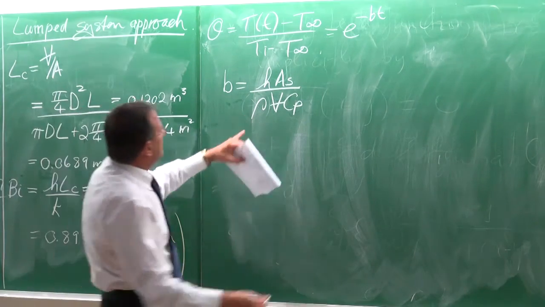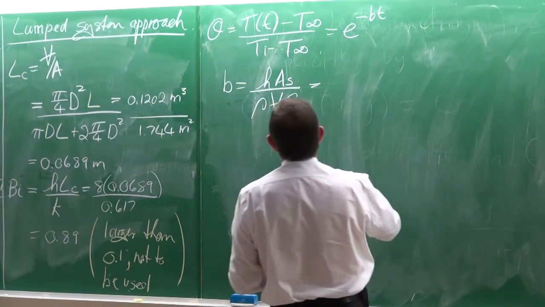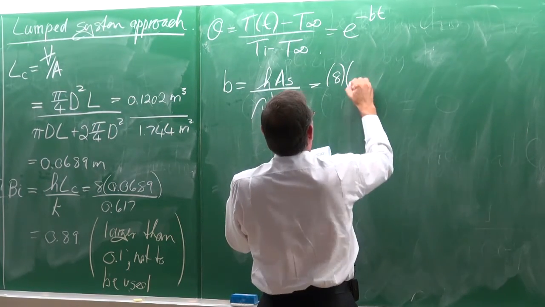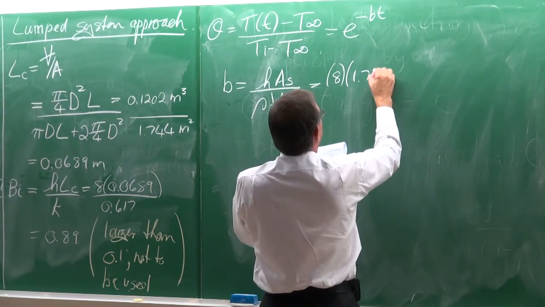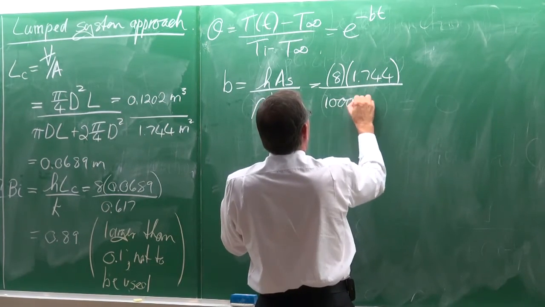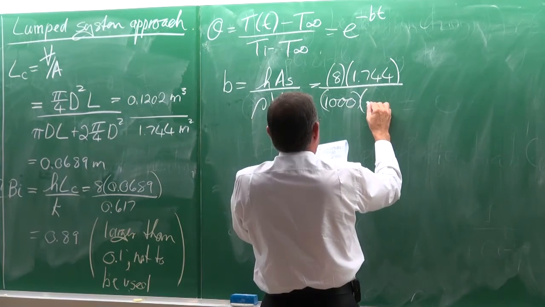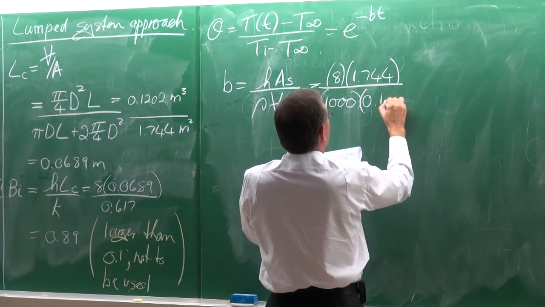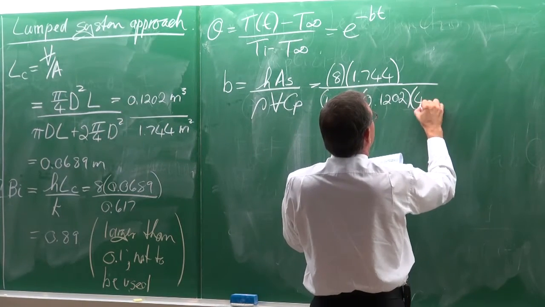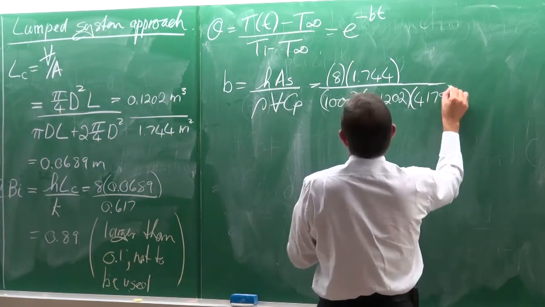So let's calculate b while we've got it here. It's equal to 8, the heat transfer coefficient, multiplied by the surface area, 1.744, divided by the density of the water, which is 1,000, the volume, 0.1202, and then multiplied by Cp, which is 4178.